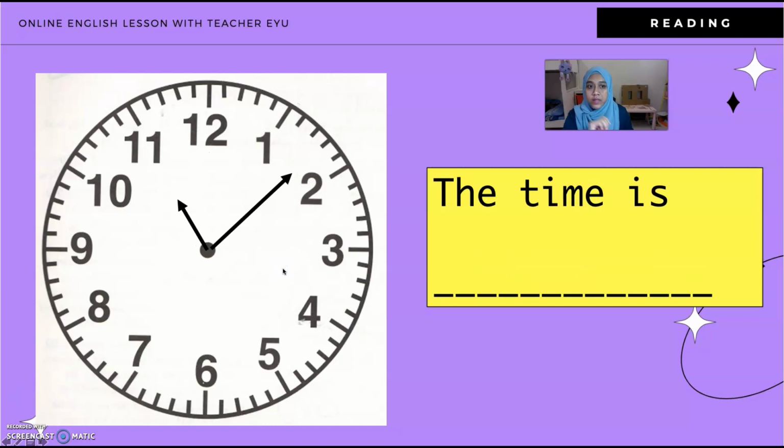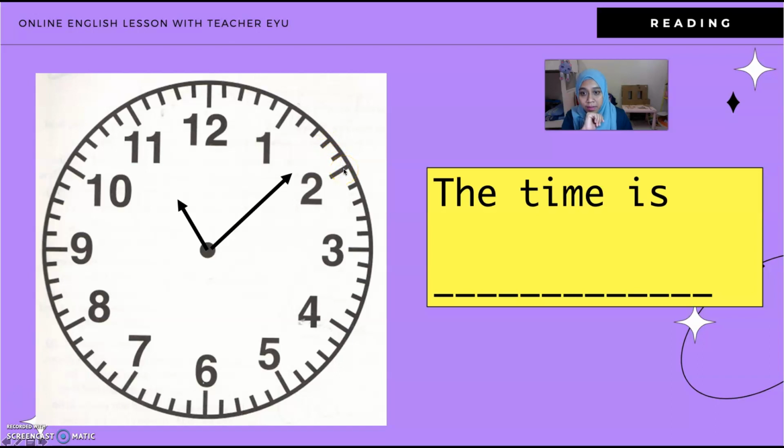Now let's look at this one. The hour hand shows to number 11. The minute hand shows to a number between 1 and 2. So in this case, we have to look at the lines between number 1 and number 2. If number 1 is 5 minutes, then this is 5, 6, 7, 8, 9.